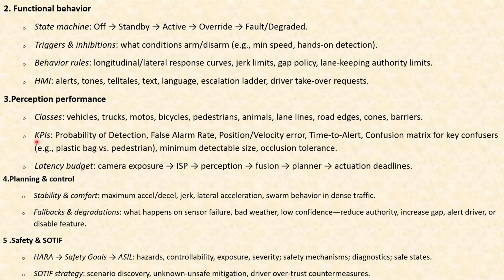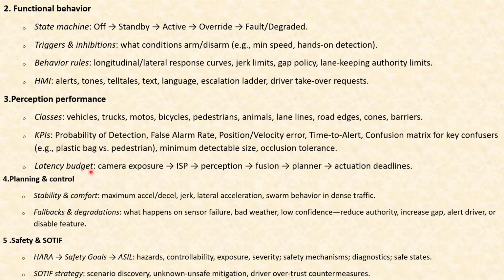And KPI is nothing but a metric. For developing the feature, these include probability of detection, false alarm rate, position and velocity error, time to alert, confusion metrics for key confusers, for example plastic bag versus pedestrian, minimum detectable size, and occlusion tolerance. These are the various metrics that must be clearly considered and outlined.